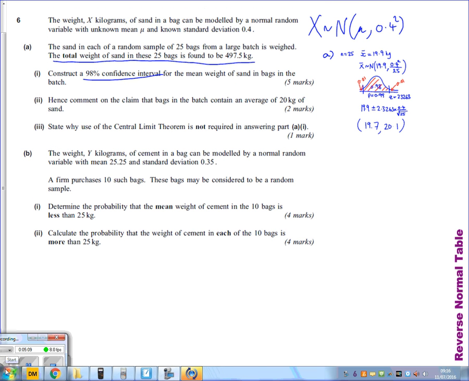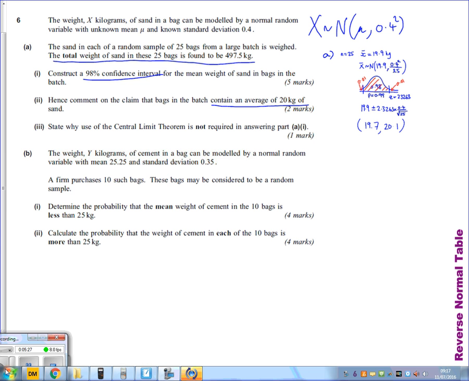Next part says, hence, comment on the claim that bags in the batch contain an average of 20 kilograms of sand. So I'm going to look at my confidence interval. Does 20 kilograms lie within the confidence interval? So, yes, it does.